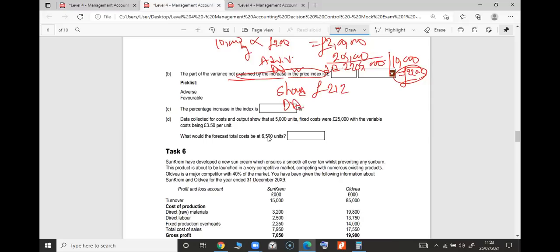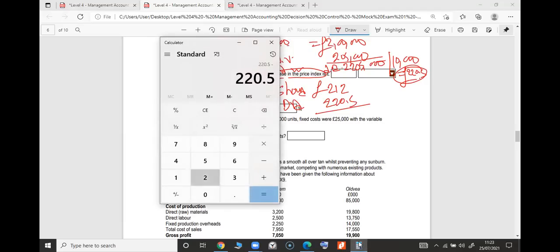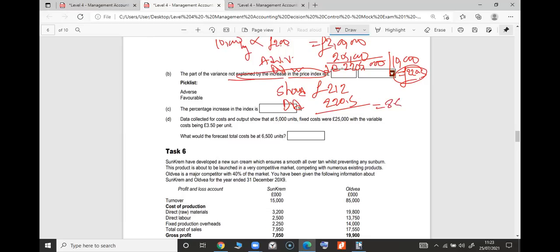But how much did it cost? 220.5. Of course, it did cost me more. I'm getting that difference. 212, 8.5 adverse. Can you feel it? Oh, that's the way you got 85,000. I understood now. Okay. So some of you already got the answer 85,000. So it is adverse.